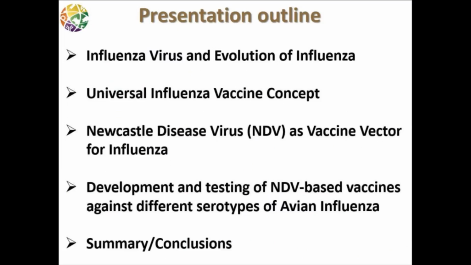I'm going to give you a brief update about influenza virus and its evolution, then a brief introduction to the universal influenza vaccine concept, and the rest of my presentation will be about our next concept, using vectored vaccines for avian influenza. So this portion of the presentation will mostly be focused on avian influenza.